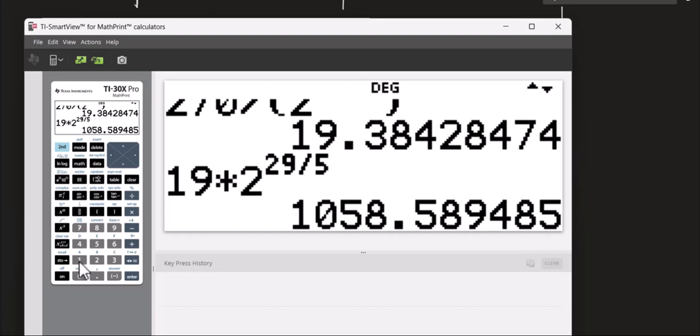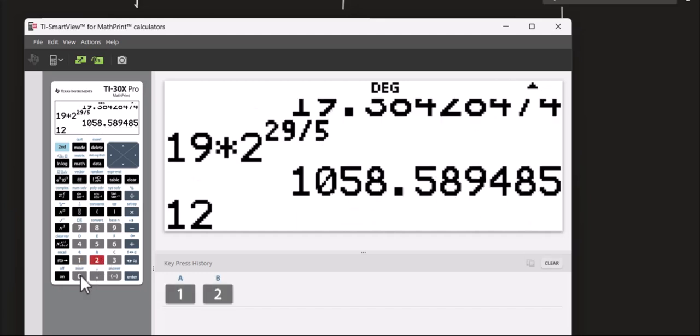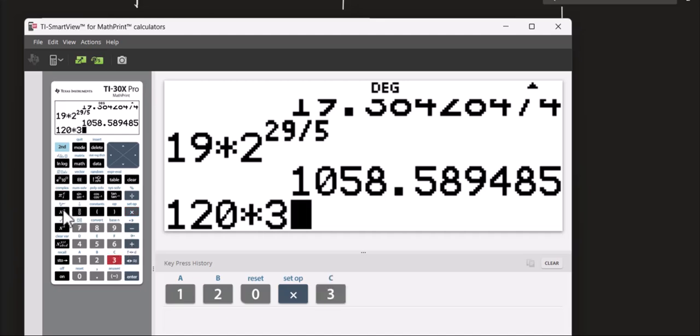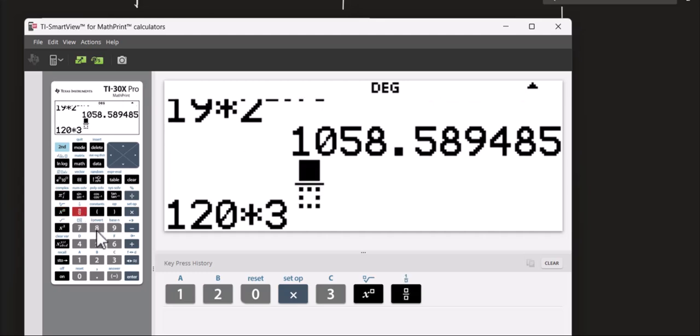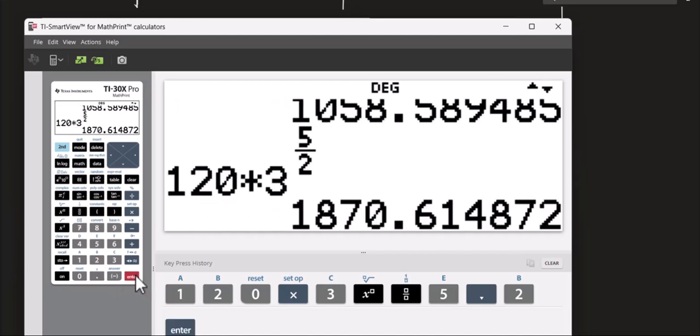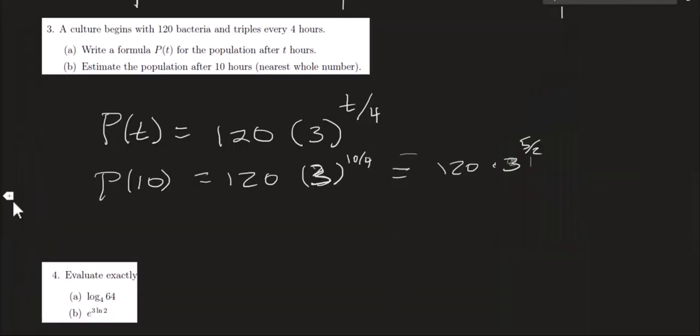So if I do 120 times 3 raised to the 5 halves, it knows that it has to do the 3 to the 5 halves first, so it will get the right answer. To the nearest whole number, that would be 1871. So 1871 bacteria.